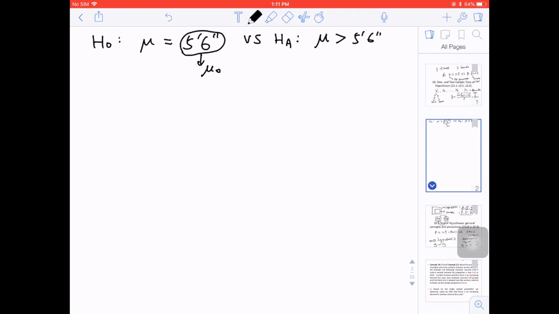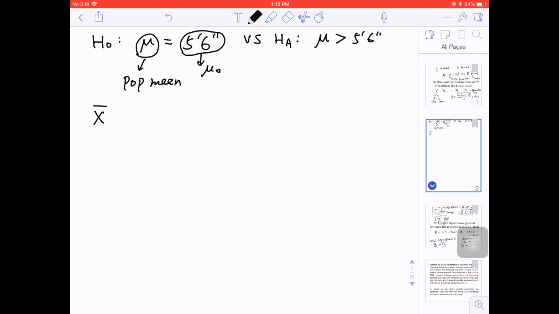So my H0 is mu is equal to mu 0 versus mu is larger than mu 0. Okay. And in order to study this population average, which is the population mean, mu, okay? So I'm going to choose the sample statistic, X bar, to estimate this mu.